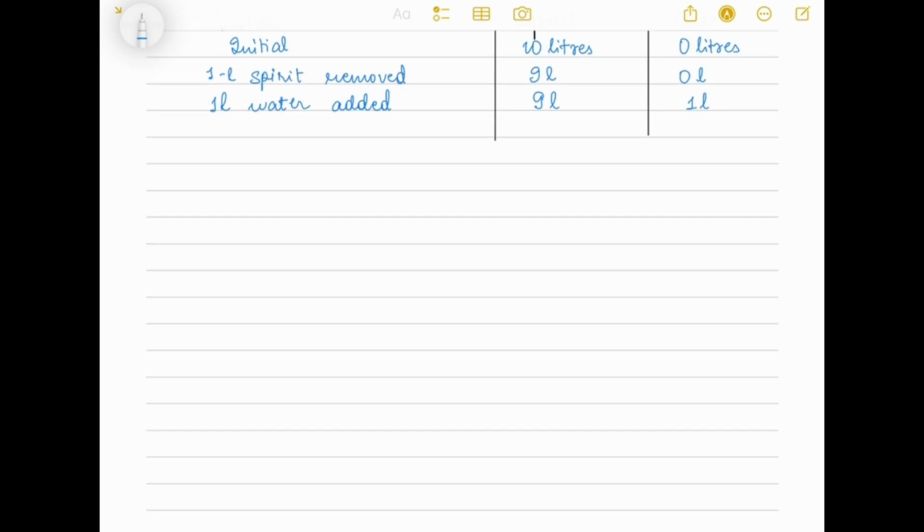Now the next line says subsequently 1 liter of the mixture is again replaced with 1 liter of water. So when we are talking about 1 liter of mixture, 1 liter of mixture will basically mean 9 liters of spirit plus 1 liter of water. So it can also be considered as 10%.